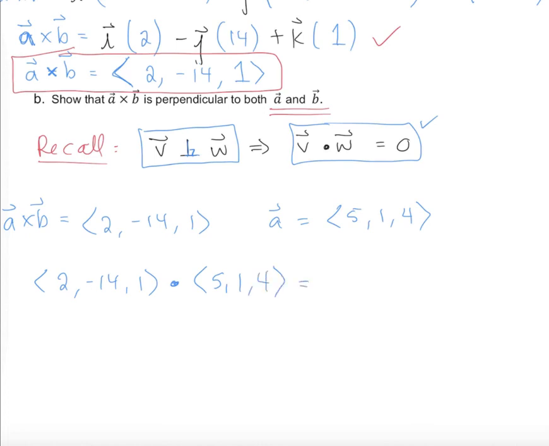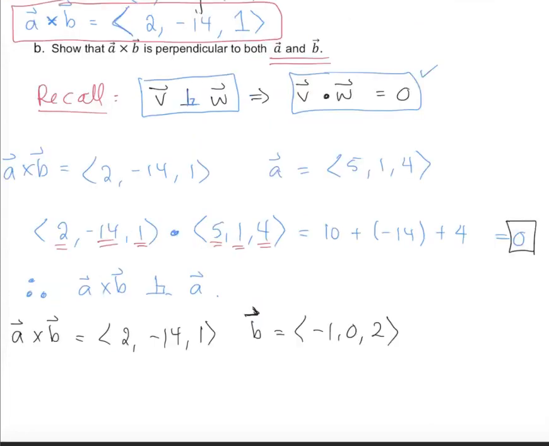The dot product is determined by multiplying the x components together, so we get 10 here, and then we add that to multiplying our y components together, so that's going to be negative 14, and then we multiply the z components together, and that's going to be positive 4, and we see this is equal to 0. And so we could say therefore the vector A cross B is perpendicular to vector A because their dot product was equal to 0.